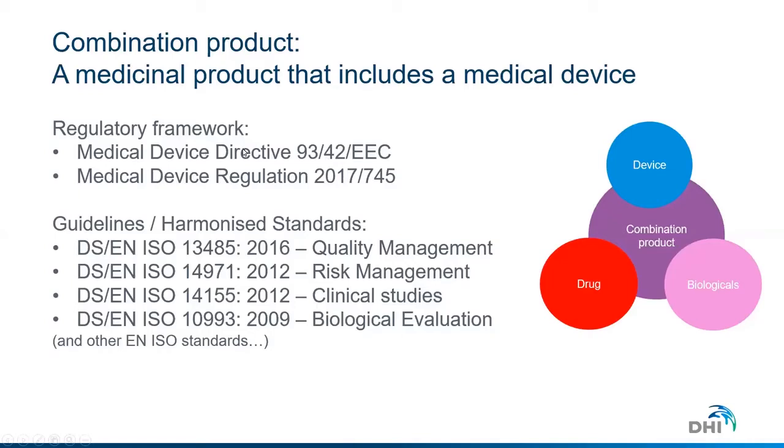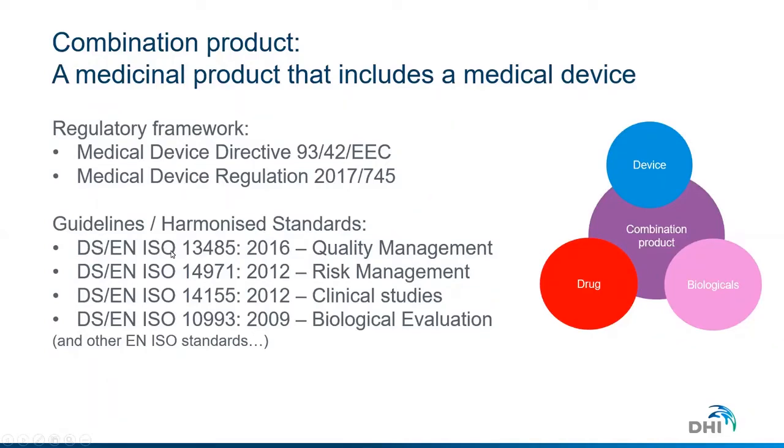And then for both the Medical Device Directive and the Medical Device Regulation, there's a series of guidelines and harmonized standards that are issued by ISO and by the European standardization committees that cover how to document and evaluate the safety and quality aspects of medical devices.